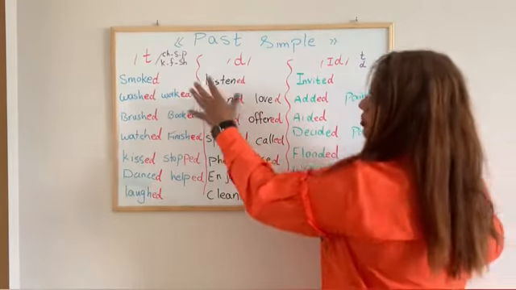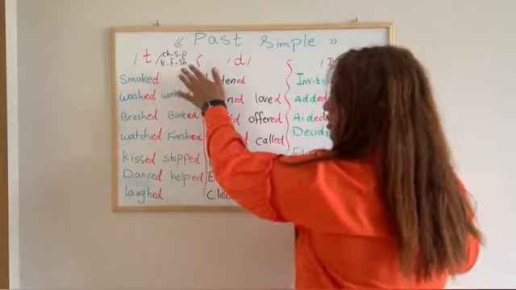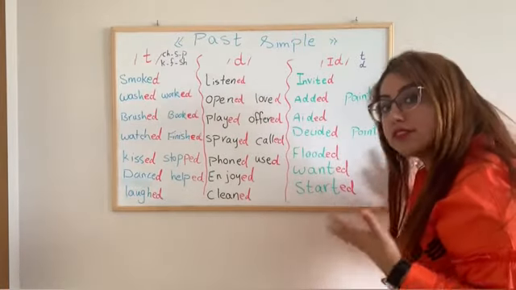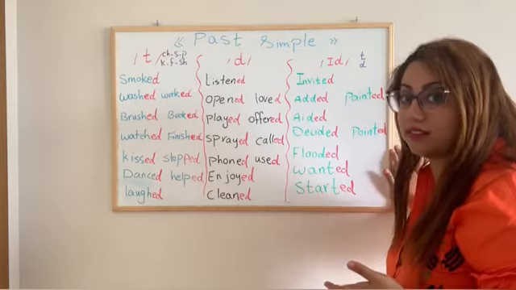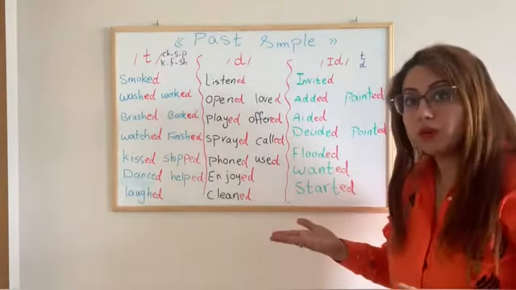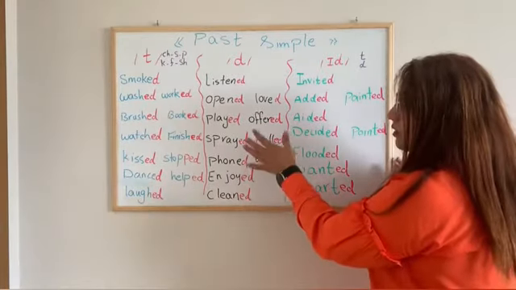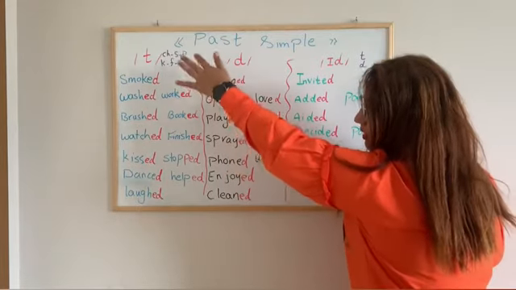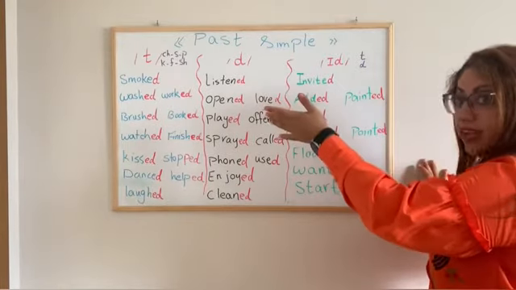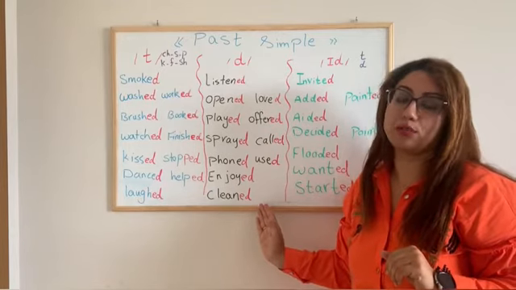For example, the sounds ch, s, p, k, f, sh are for the T group. And if the word ends in the sound or letter T or D, we have id, and the rest of the verbs are D. If a verb doesn't end in these 6 and these 2, I mean the 8 sounds that I mentioned, it can be in the group of D. We can pronounce it D.